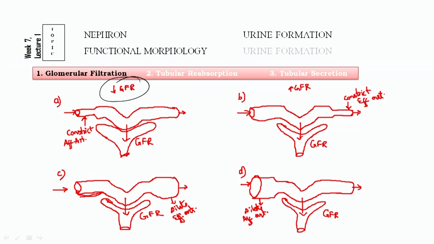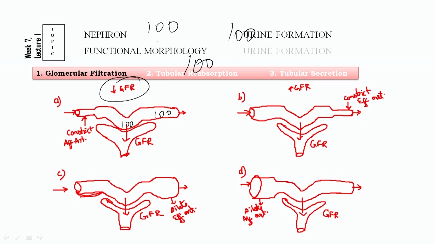The first is the constriction of the afferent arteriole. To understand this, for the afferent arteriole you can remember the value 100, in the middle it will again be 100, then in the efferent arteriole it will be 100. Remember these three numbers so that it will be easy for you to understand.